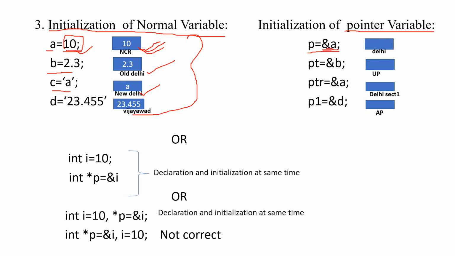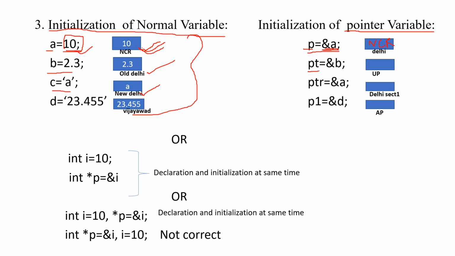So whatever the address of a is, that is going to be stored in p, because p is my pointer. And what is the address of a? It's NCR. Address of a is NCR, so here NCR is going to be stored.